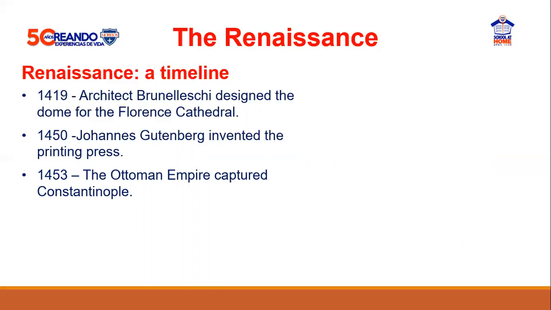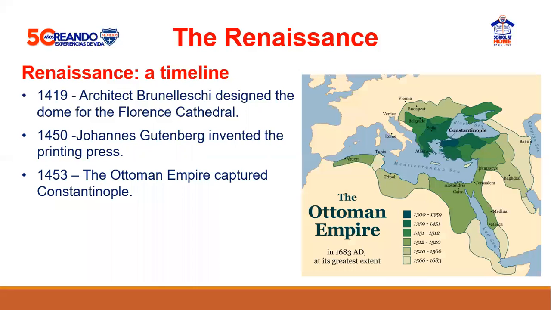Next, we have that in the year 1453, the Ottoman Empire captured Constantinople, as we said before. So this signals the end of the Roman Empire, right? And we have here a map of the Ottoman Empire towards the end of the 17th century. This is how big it was, and we can see Constantinople relatively at the center of it.